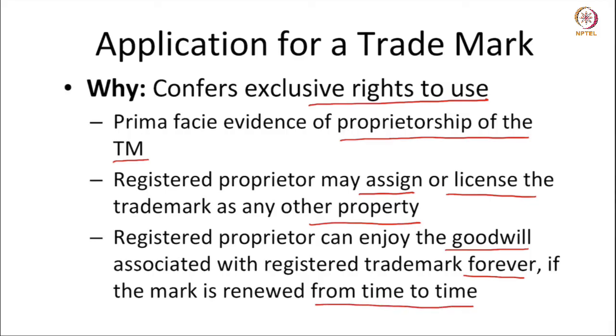So the goodwill attributed to the mark can be maintained forever. So this is what we call an unlimited life intellectual property, unlimited life IP, since you can keep it forever by renewing it. For instance, Coca-Cola has been in existence for about 100 years because the trademark has been constantly renewed and kept alive.